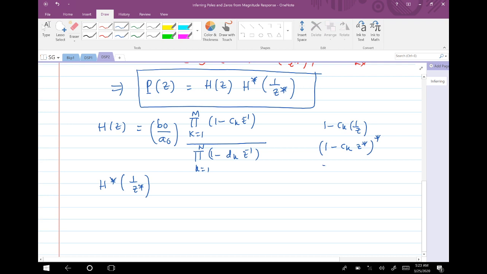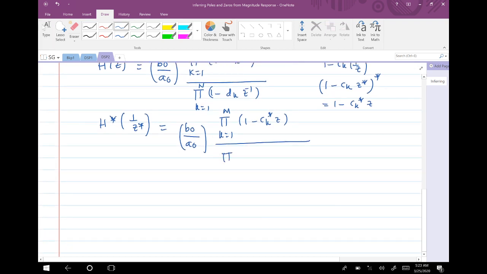So that would result in 1 minus ck conjugate z. We'll use that right away for all the terms. Now it would result in b naught by a naught, product for k varying from 1 to M, 1 minus ck conjugate z, over product for k varying from 1 to N, 1 minus dk conjugate z.